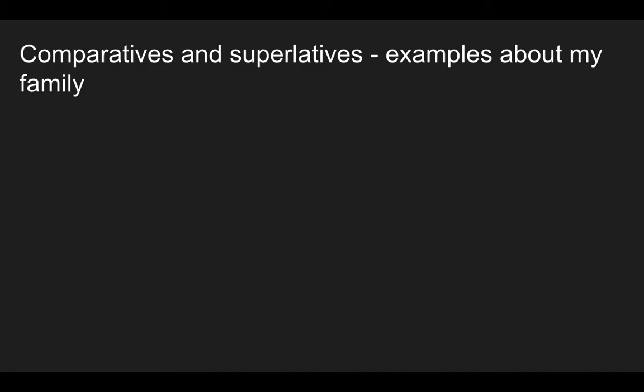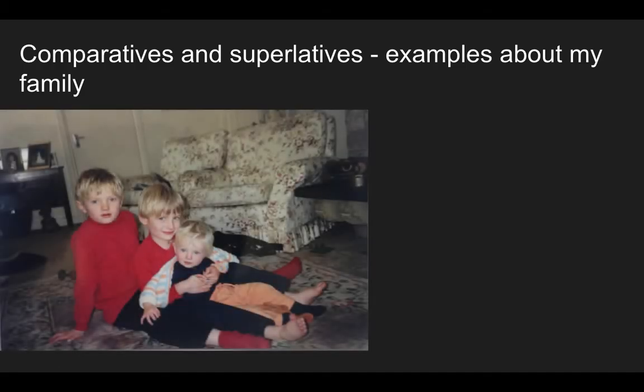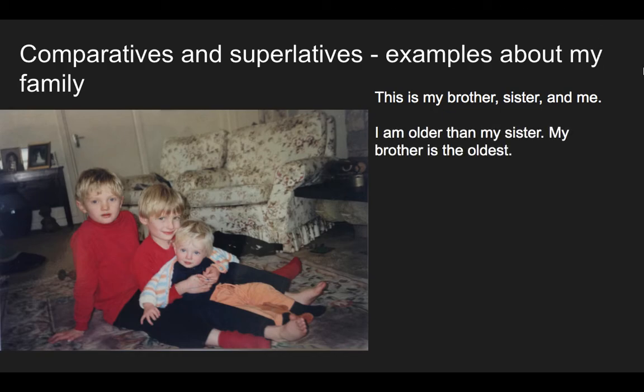Okay, I'm going to give you some example sentences now about my family using comparatives, using superlatives. So this is me, my brother, my sister, and me. This is me in the middle. Sister and brother. Okay, so I am older than my sister.